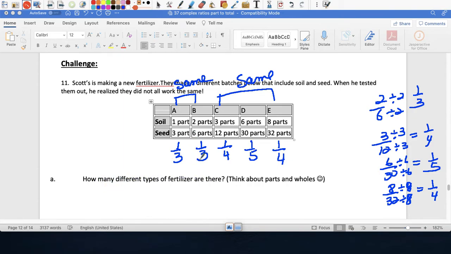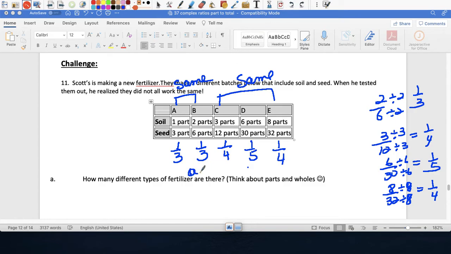Well, A and B are the same, so that's 1 type. C and E are the same, that's the second type. And we have a third one right here, because 1 over 5 is 1 part soil, 5 parts seed. That's different than everybody.